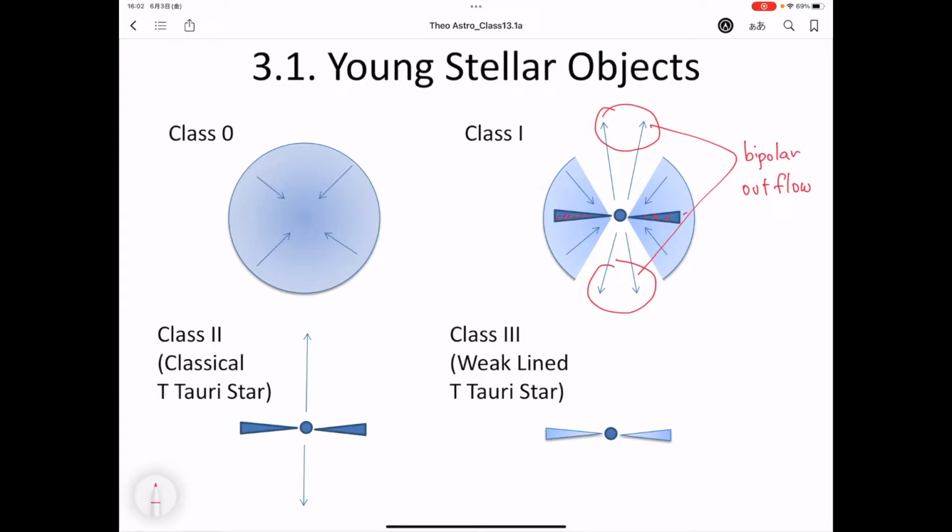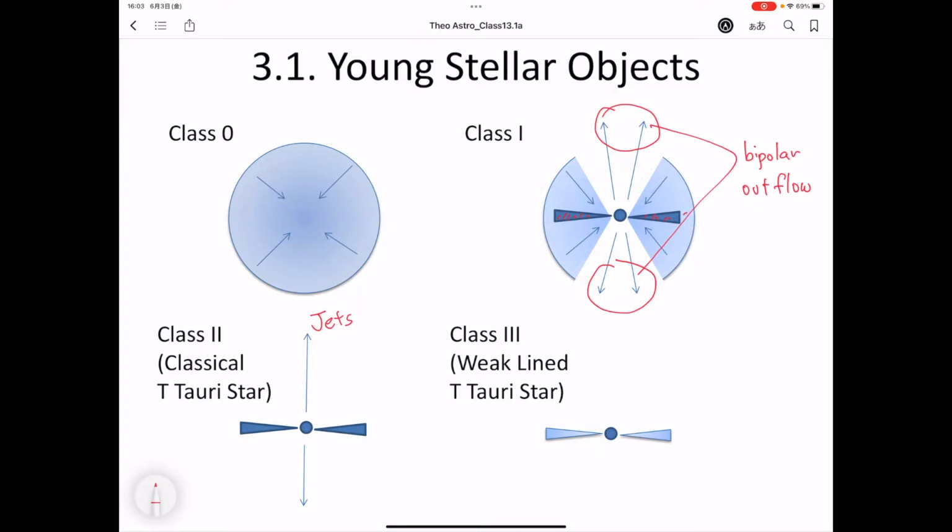If most of the material is accreted into a protostar or disk, then the stage moves to class 2. In this stage, we call them classical T-Tauri stars. You can recognize jets originating from the protostar, compared with the class 1 stage, a less dense environment.